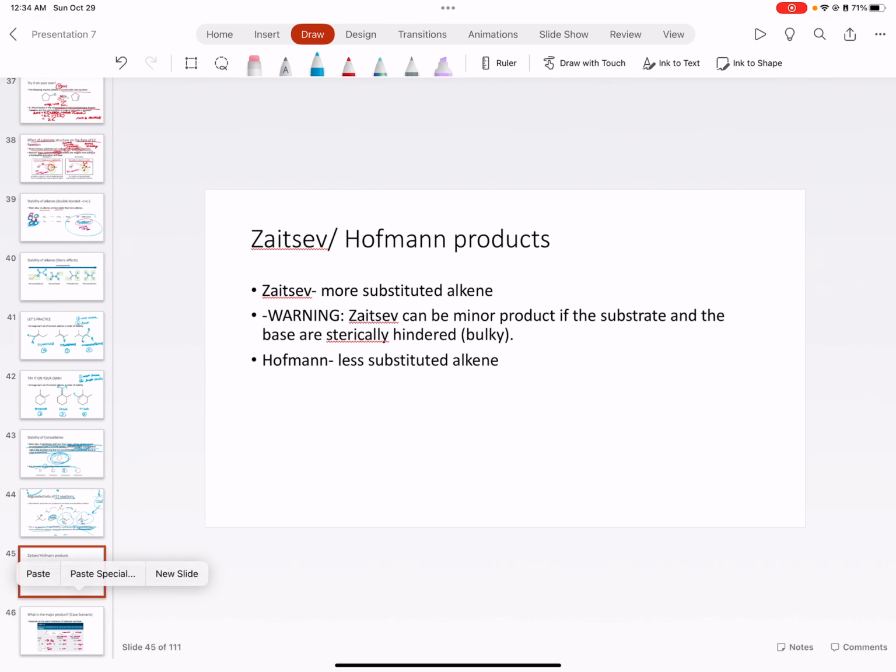But we have things called Zaitsev and Hofmann products. So then Zaitsev is the more substituted alkene. So Zaitsev can be a minor product if the substrate and the base are really bulky. And then Hofmann is the less substituted alkene.